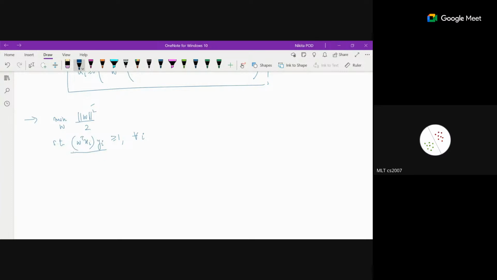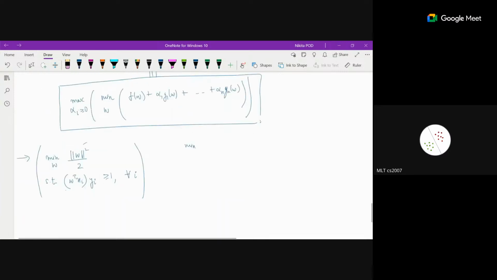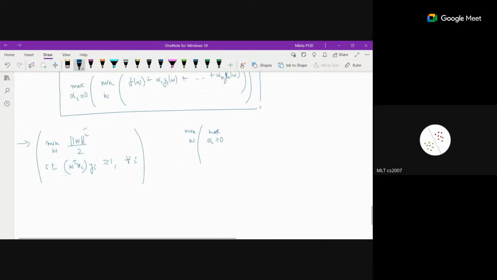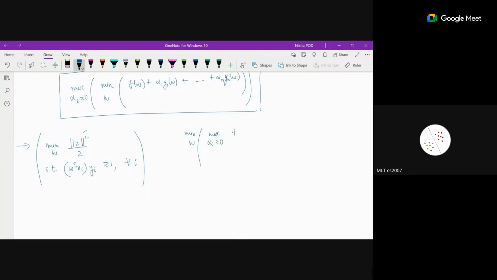So here, from this primal and dual problem, what we saw is that this problem could also be written as min of W, max of alpha i greater than or equal to 0, of f of W. So here, what is f of W?